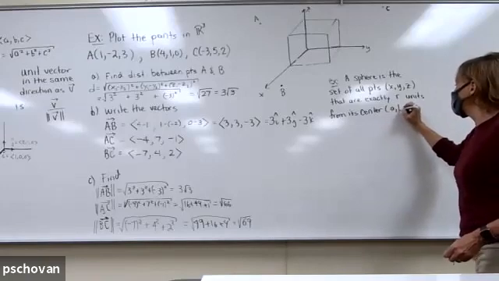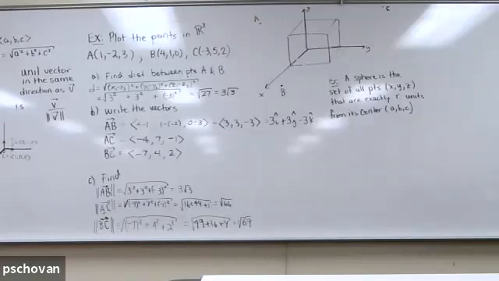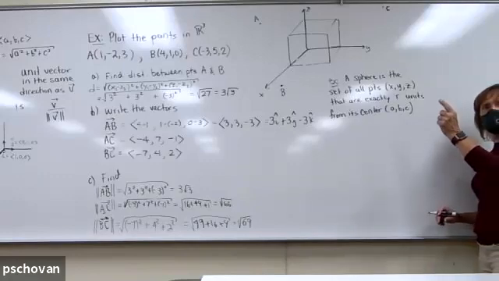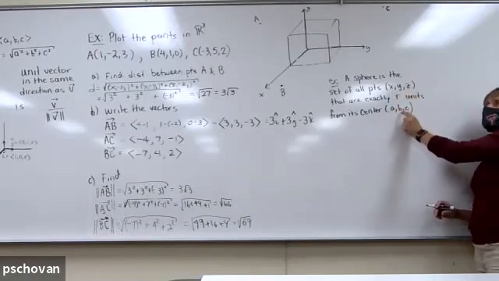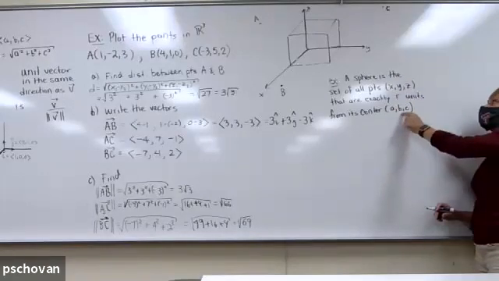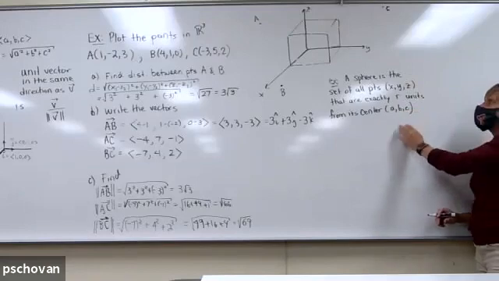Let's call the center a, b, c. So that means if I use my distance formula, the square root of x minus a all squared plus y minus b all squared plus z minus c squared is equal to r.